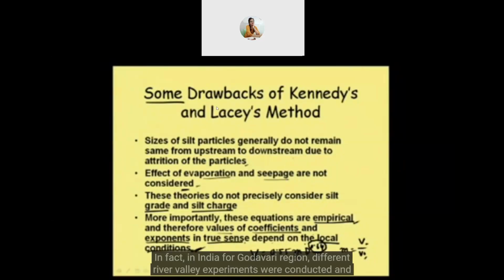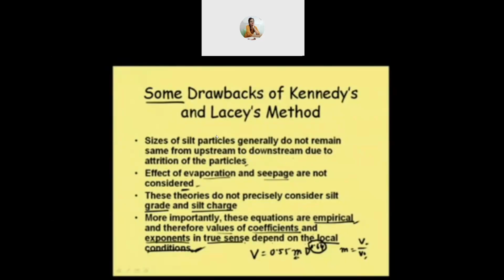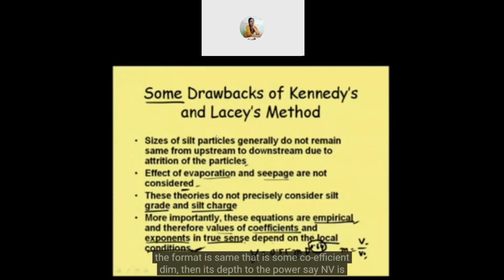In fact, in India, for the Godavari region and for different river valleys, experiments were conducted, and it was found that for critical velocity for a stable channel, like Kennedy's formula, the format is the same: some coefficient, then depth to the power n, V is equal to that.